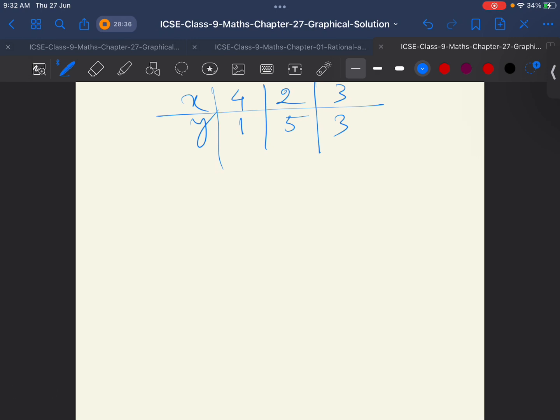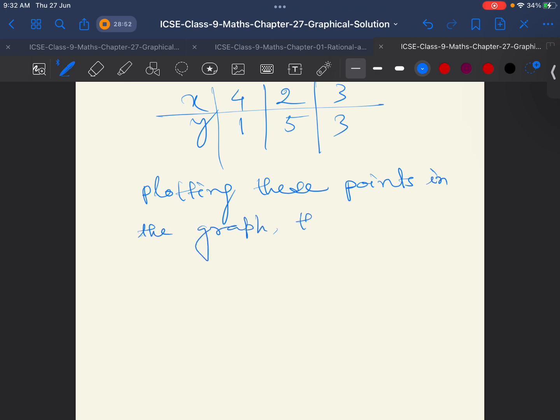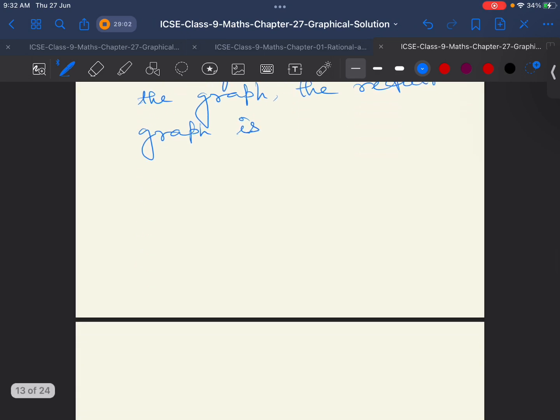So plotting these points in the graph, the required graph is: the x and y axes are x and x dash, y and y dash.